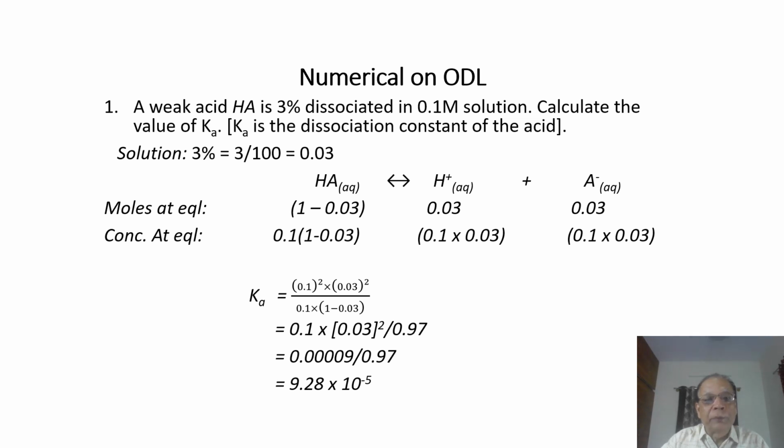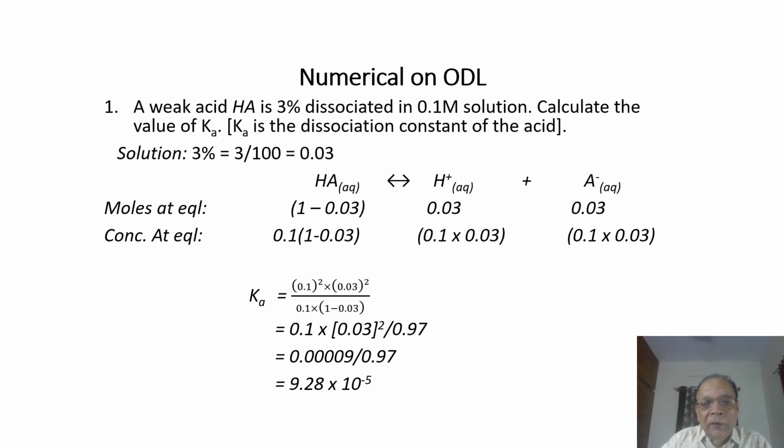Now the solution. 3% is equal to 3 divided by 100, which is equal to 0.03. The equation for dissociation is as follows: HA in aqueous, reversible, H plus aqueous plus A minus aqueous ions. Moles at equilibrium, applying the value of alpha: 1 minus 0.03 of HA, 0.03 of H plus, and 0.03 of A minus.